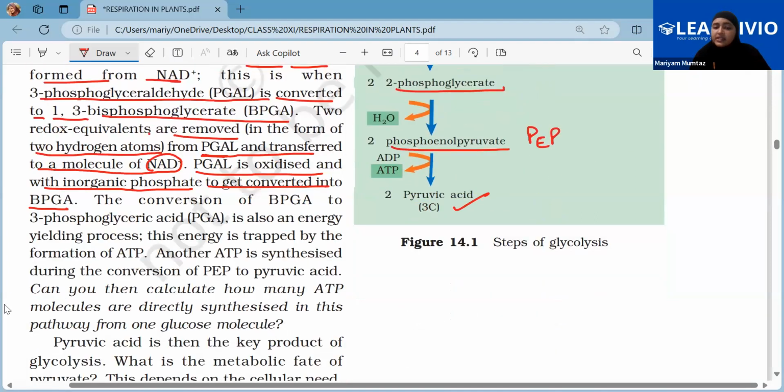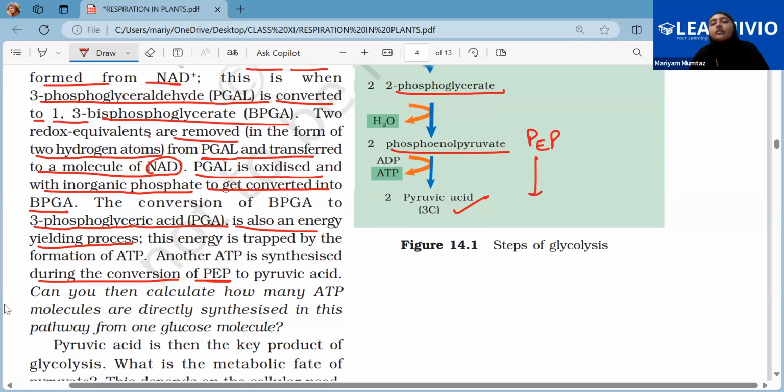The conversion of bis-phosphoglyceric acid to 3-phosphoglyceric acid, PGA, is also an energy yielding process, meaning at this point the ATP is being formed, and that means energy is being yielded. Now, another ATP is synthesized during the conversion of phosphoenol pyruvate into the last, that is pyruvic acid.